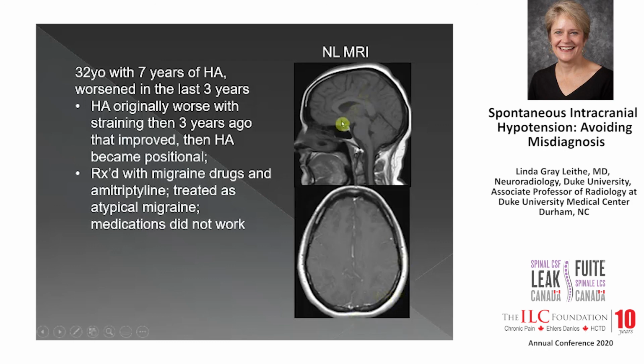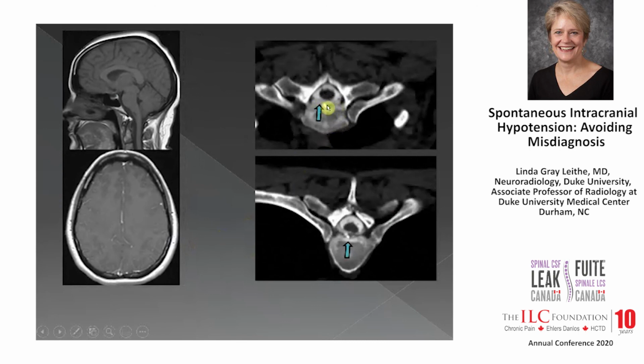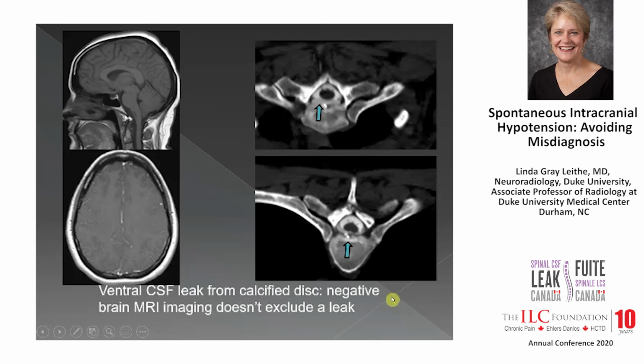Well, she actually has a calcified disc which has penetrated the dura. So here she has a ventral CSF leak from a calcified disc, but negative brain MRI imaging. So realize that normal imaging does not exclude a leak. And in the setting of new daily persistent headache or chronic migraine, think about a possible CSF leak.